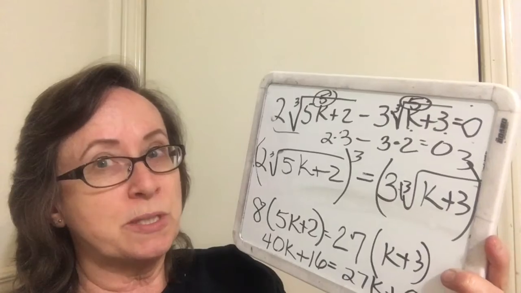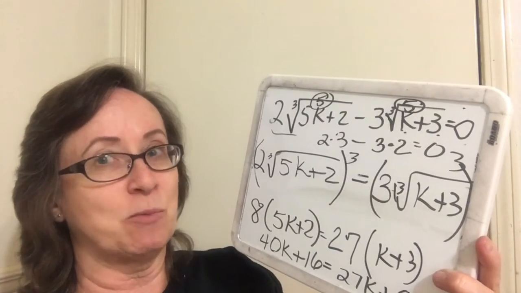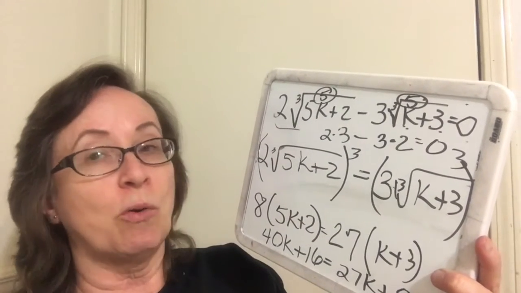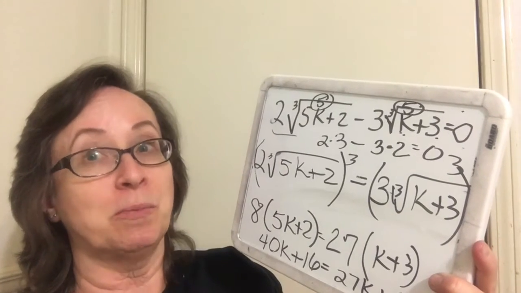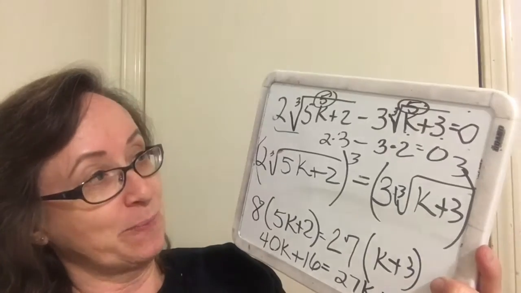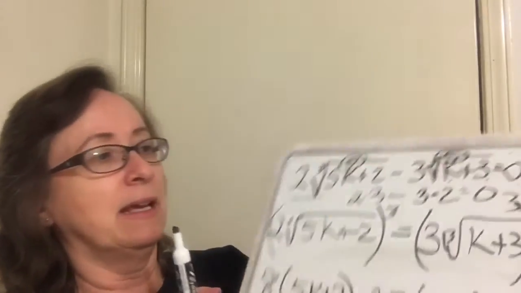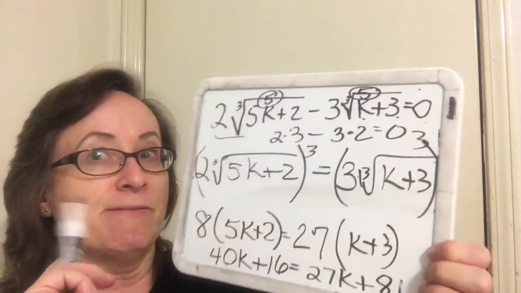So cubes and cubic roots don't mess with signs in the same way that squaring something does. So we should not have extraneous roots when we cube both sides. So that is a cubed root problem, and its solution was good, so we would say the solution was 5.